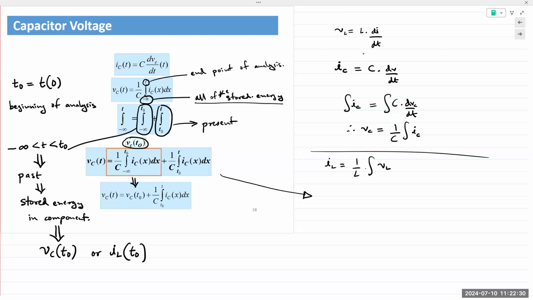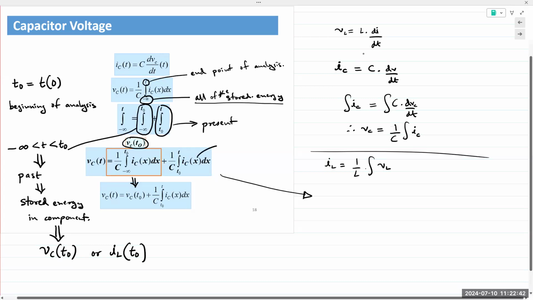And so T is used as the variable as well as the limit for the integration. Here, in this equation, we are simply changing the variable from t to x.